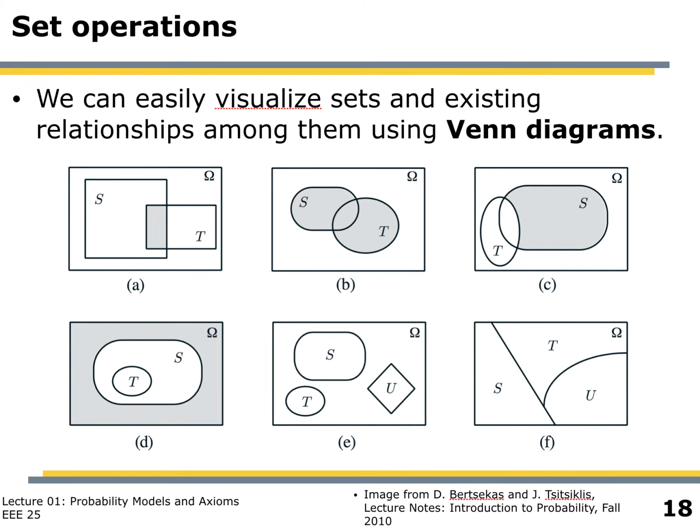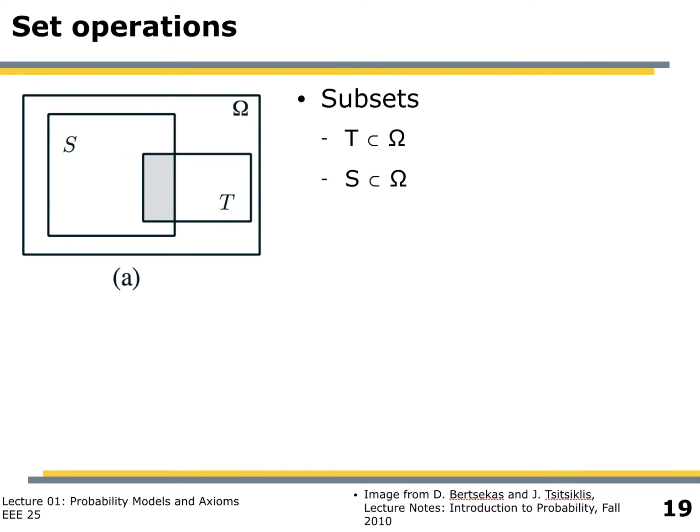Now, we can easily visualize sets and existing relationships among them using Venn diagrams. I'm going to use these 6 sets right here to enumerate the common operations involving two or more sets. We start with the first image right here.